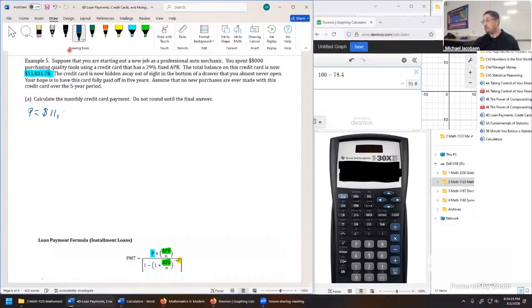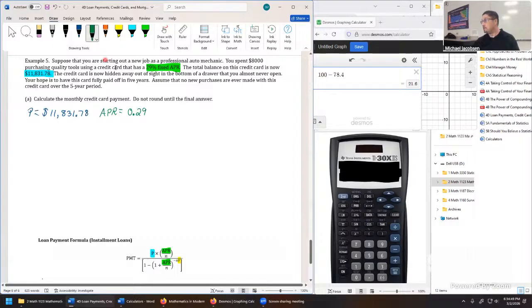So the principal is $11,831.78. So we've got that part down. Next thing we need is the APR, the annual percentage rate. It's 29% fixed APR. And so we'll write this in as APR equals 0.29, our highest interest rate yet in this entire section.